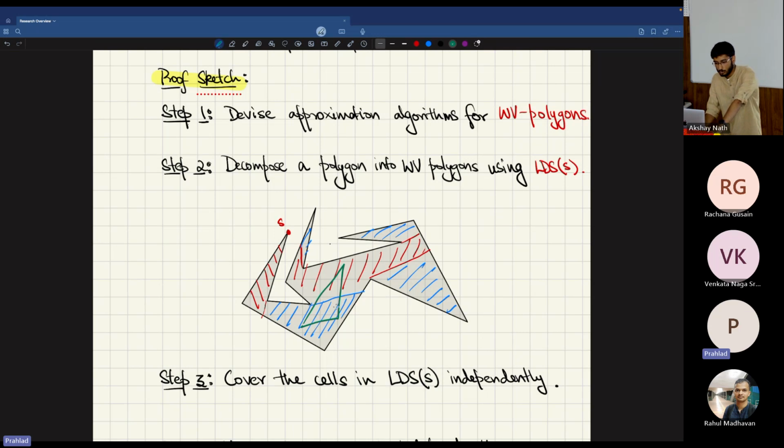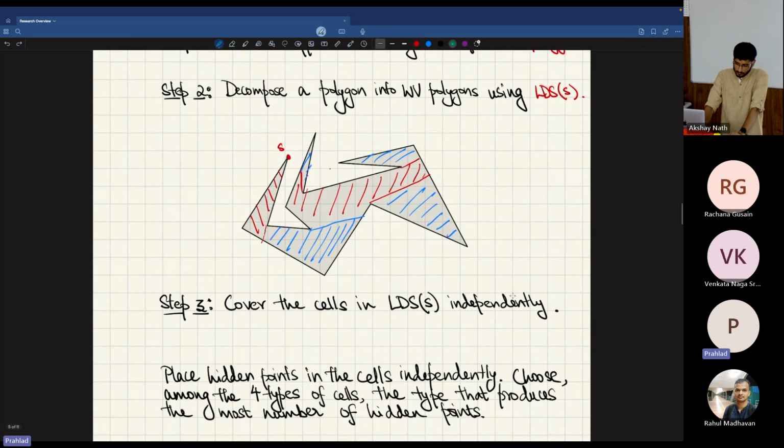When I try to cover only the blue one independently, I might lose on some stuff. I could have actually extended this and covered some more of the polygon. But the claim is that even when I look at these polygons independently, I don't lose too much. We have a proof that you lose at most... Yeah, please.